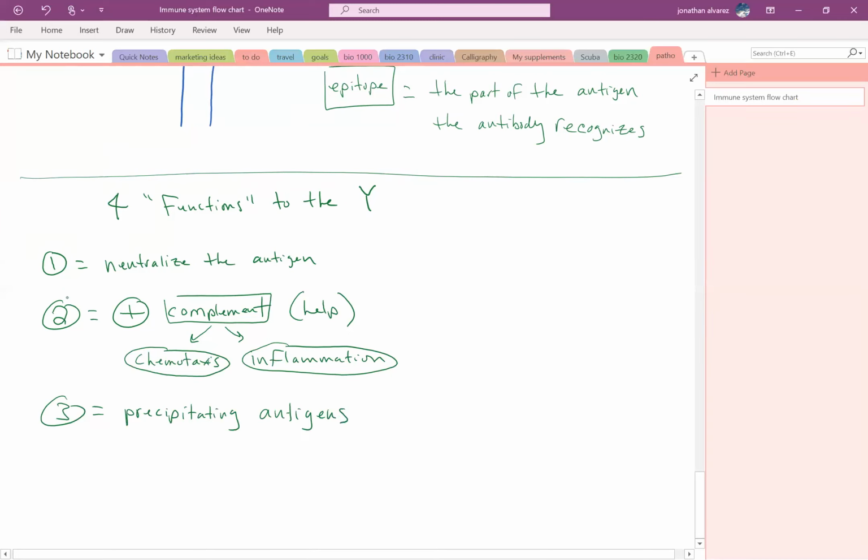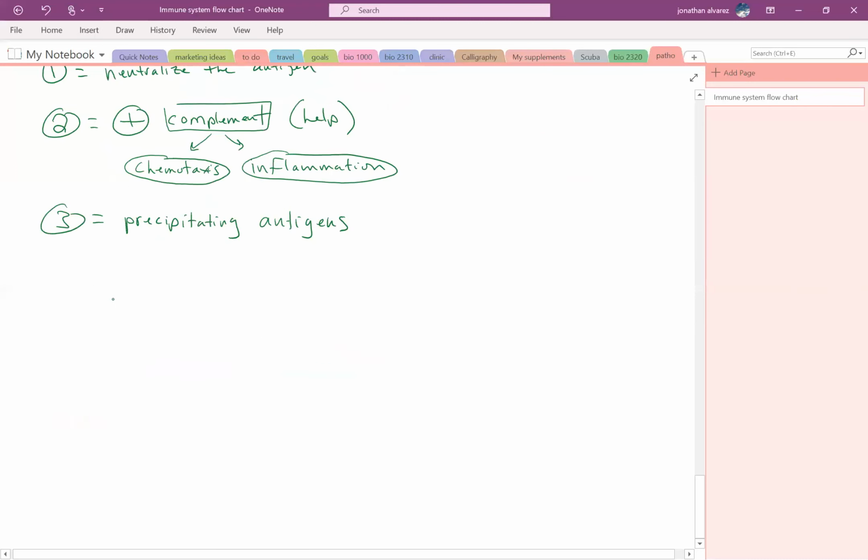And fourth, it begins the phagocytosis process, which means the actual destruction.